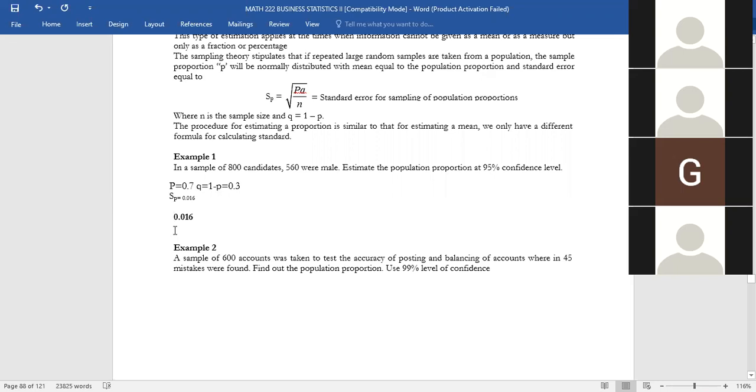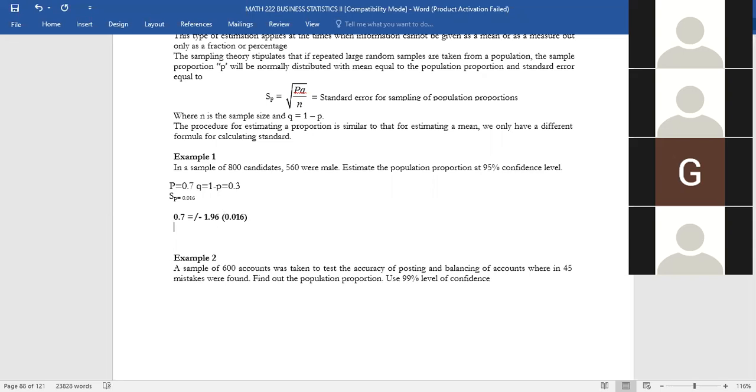So we've already gotten our P, or the probability of male, which is 0.7, plus or minus 1.96 times the standard error 0.016.